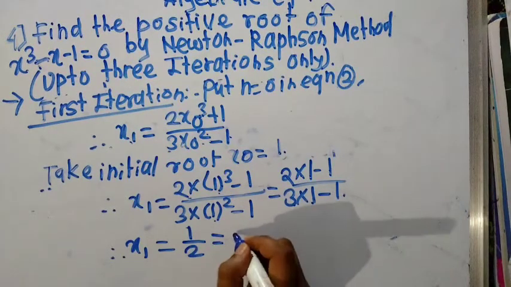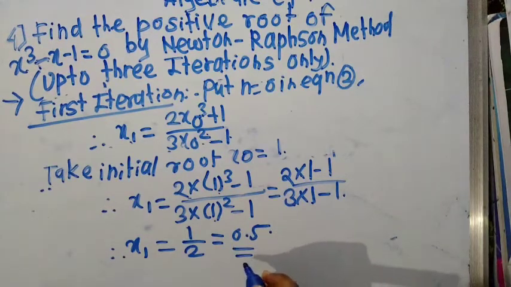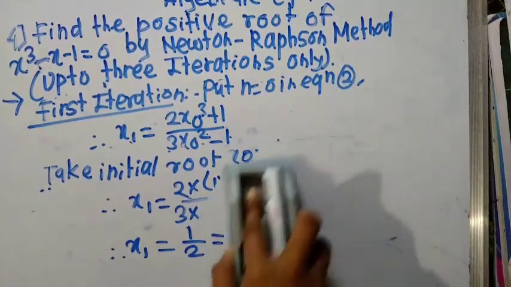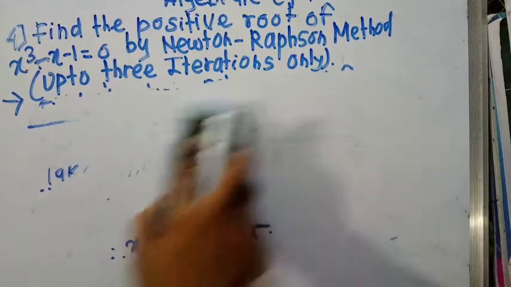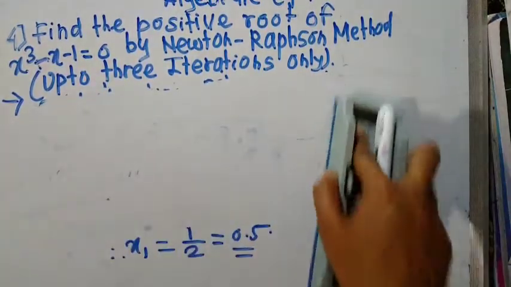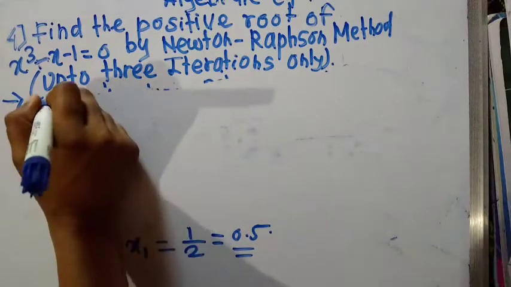So 1 by 2 is 0.5. This is the first iteration. Then find out the second iteration.